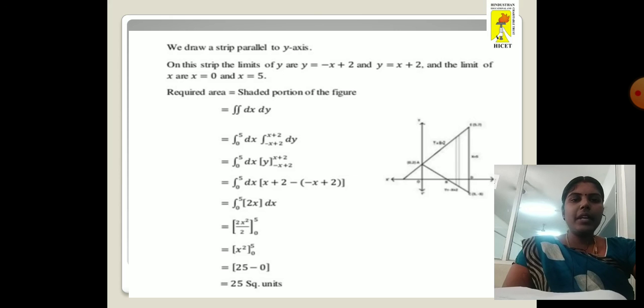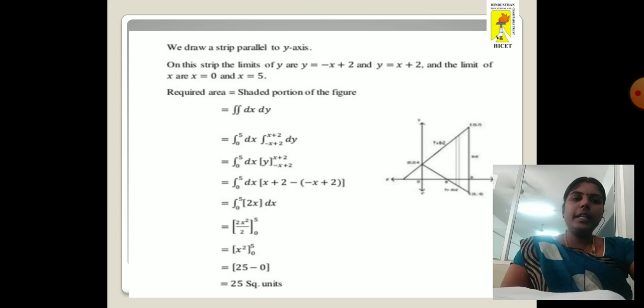See the diagram; we consider the xy plane. We draw a strip parallel to the y axis. On the strip, the limits of y are y = -x + 2 and y = x + 2, and the limits of x are x = 0 and x = 5. The required area is the shaded portion of the figure.